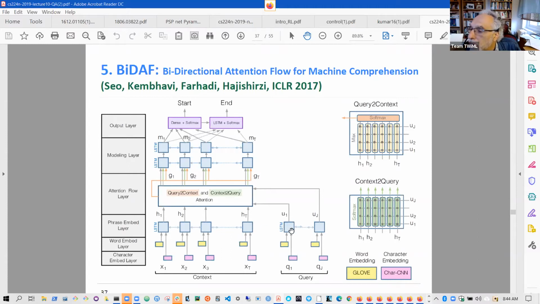So this is the context, and this is the query. The outputs from the context are H's, the outputs from the query are U's, and those are the inputs to this bidirectional flow layer.